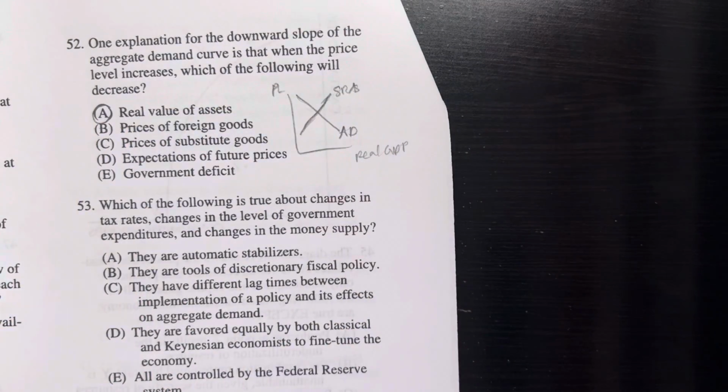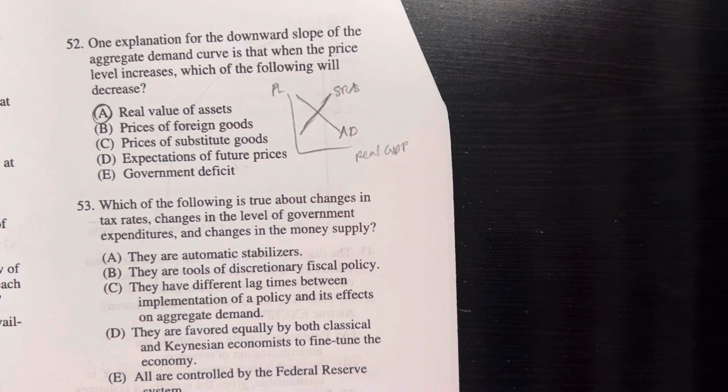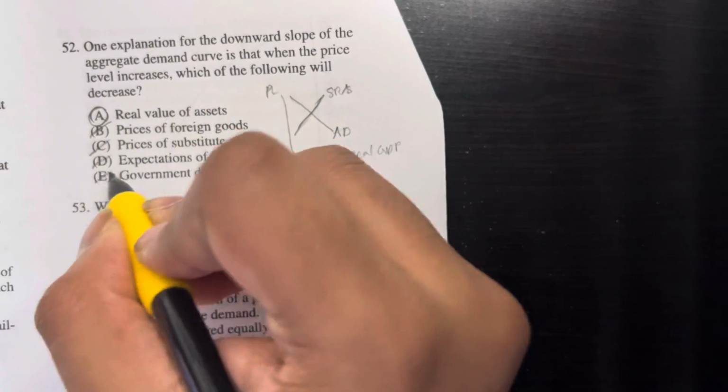If price level increases, the real value of assets will decrease, because inflation is the increase in price level. Nominal equals real plus inflation. So if inflation increases, which is what happens when price level increases, your real is going to decrease. It's not really part of this graph, but it's just part of that formula.